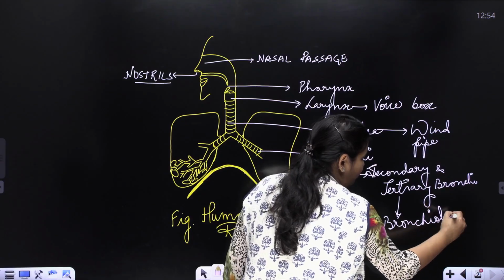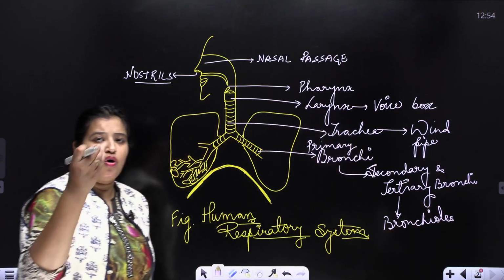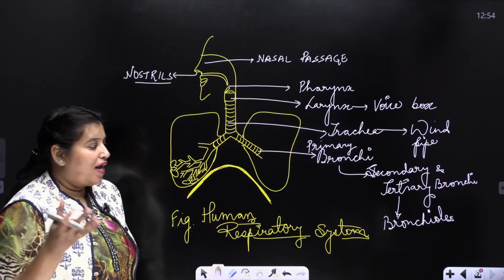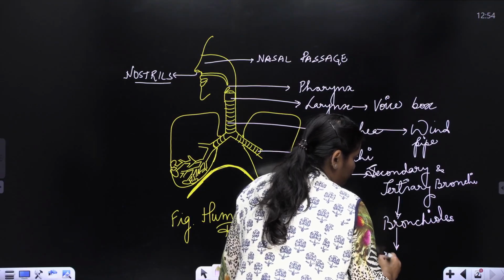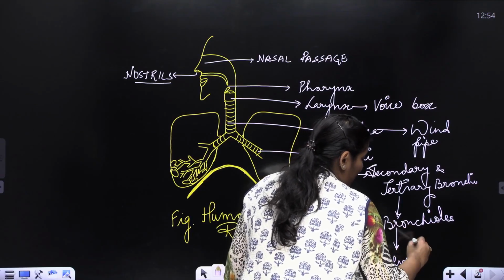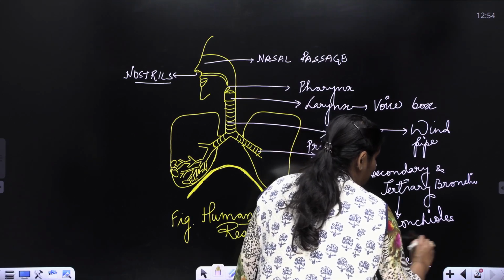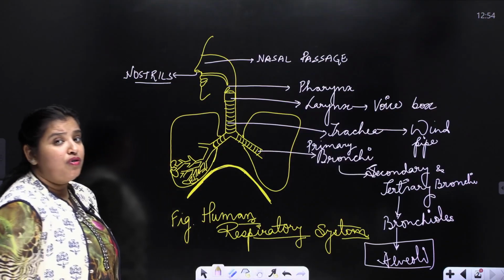As they keep dividing, the diameter of these tubes keeps decreasing, and finally the bronchioles open up into alveoli, which is the place where gaseous exchange takes place.